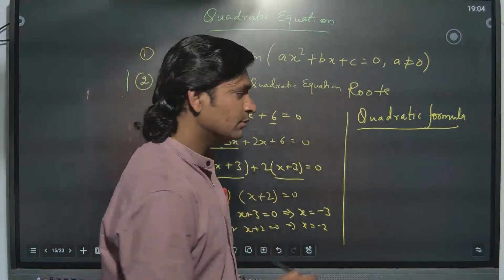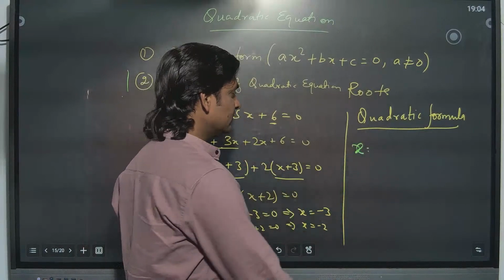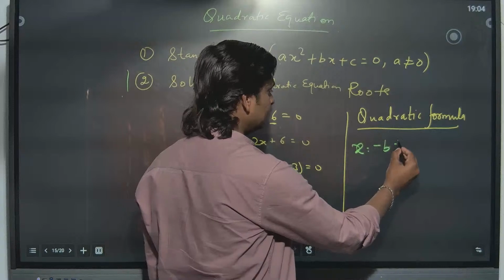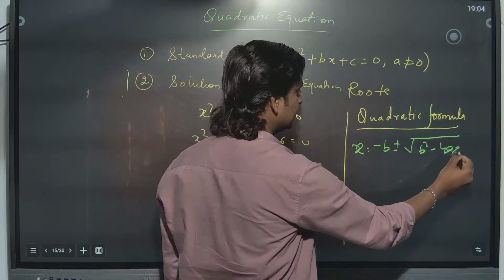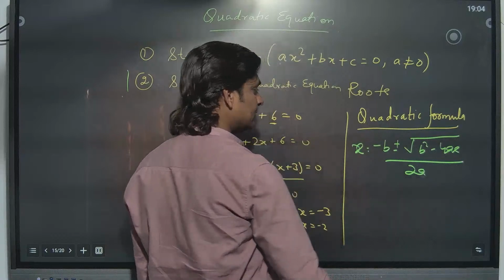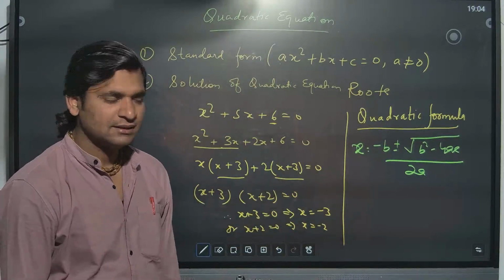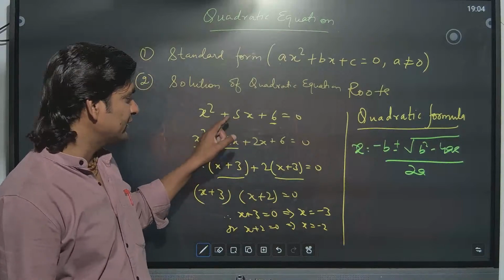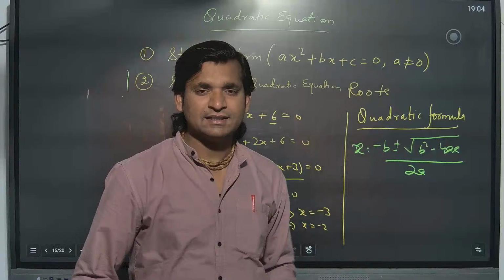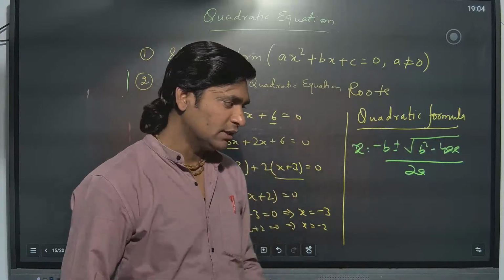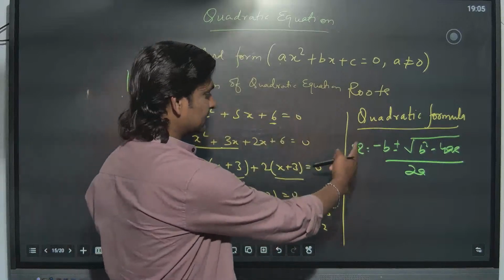It is to find the value of x. So x is equal to what we'll write: x = (-b ± √(b² - 4ac)) / 2a. So this is the quadratic formula. If you're not able to find the roots using splitting the middle term, then what will you use? Directly use the quadratic formula. Okay. So using this also you'll get the same answer for x.